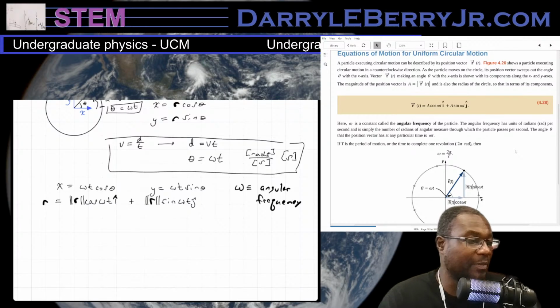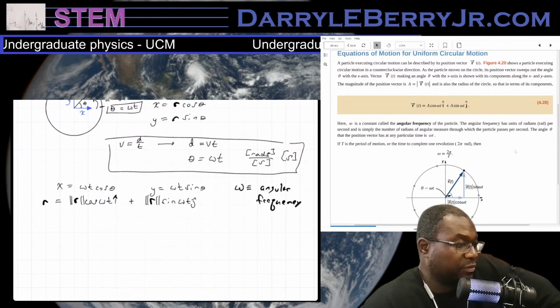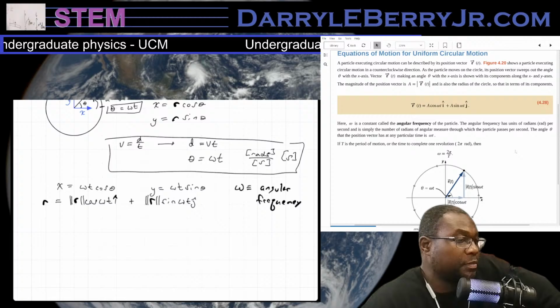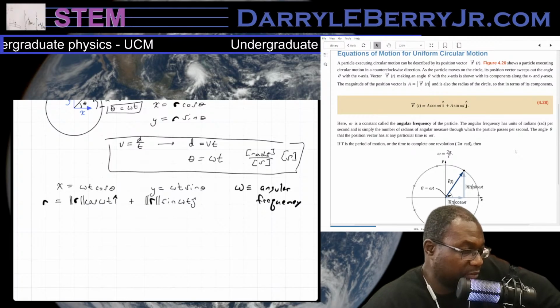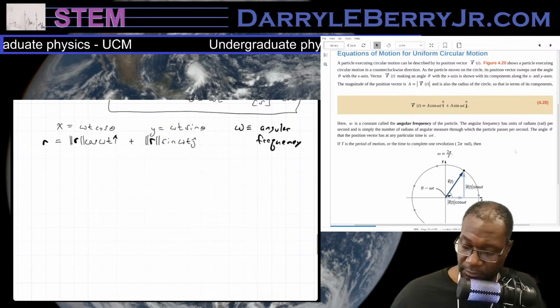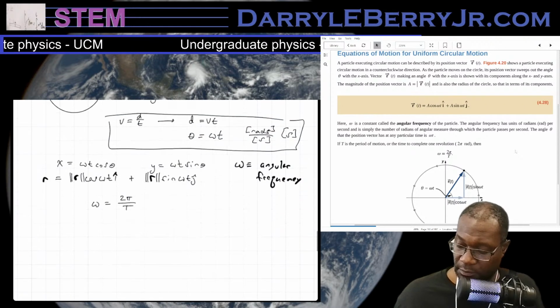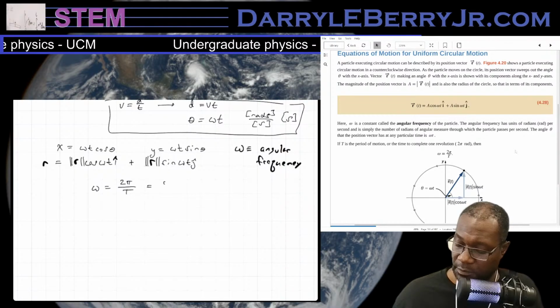Omega is radians per second, and to complete one revolution is 2 pi for one revolution over the time it takes to complete one revolution, which is the angular frequency, and T. Just theta over t.